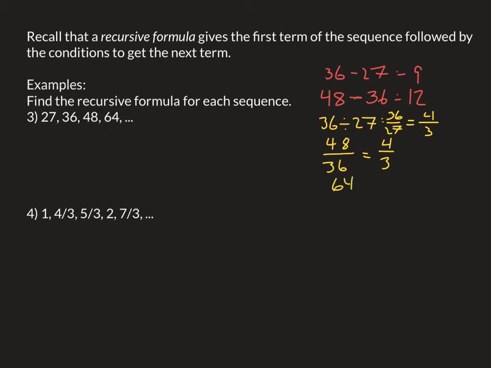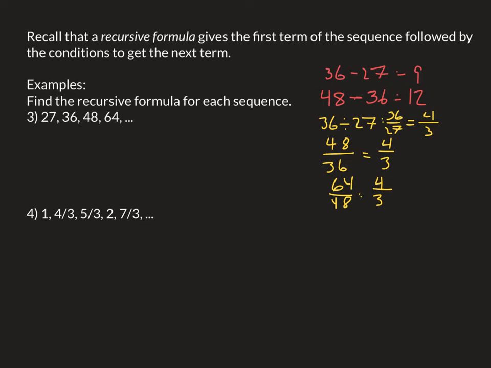Let's try the next one, 64 divided by 48. This time I can take a 16 out of both things. 64 divided by 16 is 4. 48 divided by 16 is 3. Again, it's 4/3. So we have a geometric sequence.